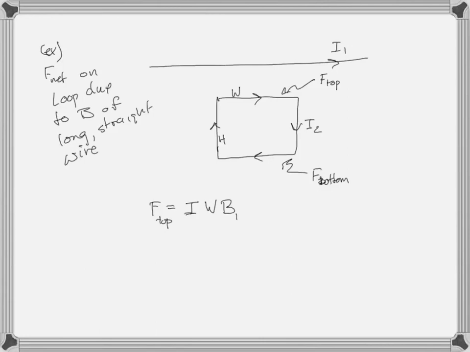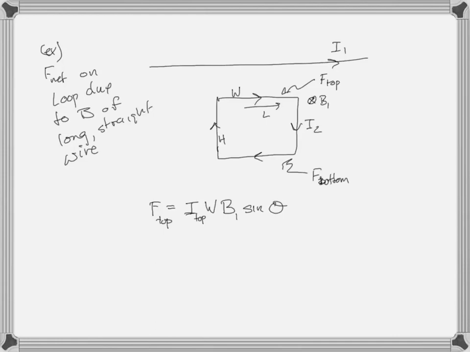F top is equal to the current in the top times W times the magnetic field due to the long straight wire, B1, times the sine of the angle between this length and the magnetic field due to I1. The magnetic field due to I1, by the right-hand rule, is into the page.